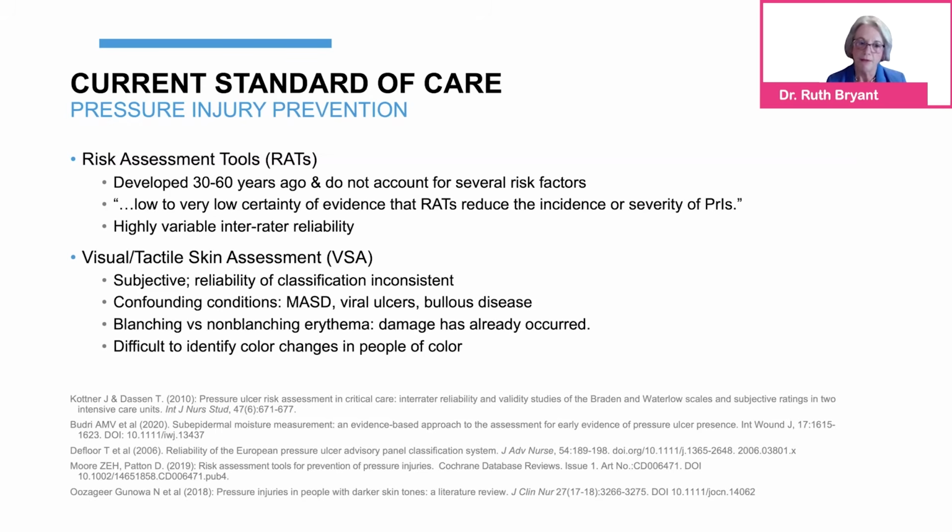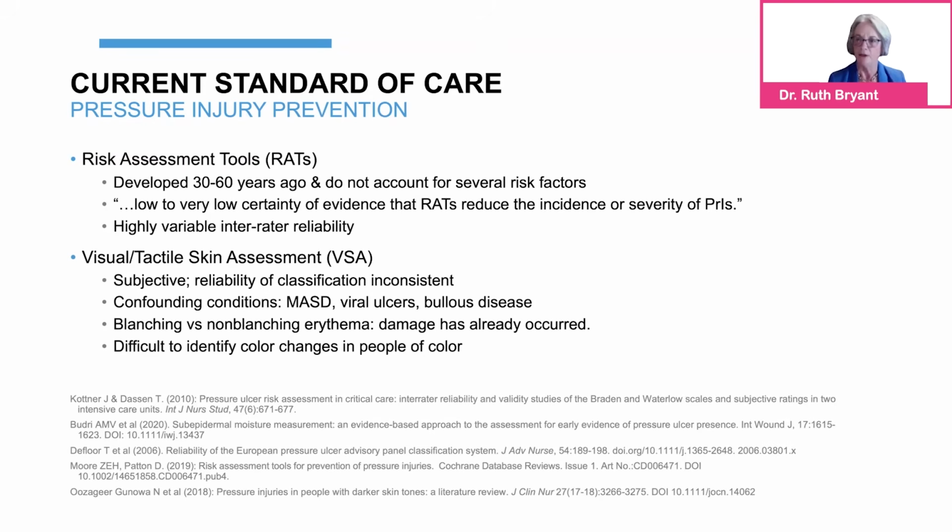And the visual skin assessment, again, it's subjective. The reliability of classification is inconsistent because it's really easy to get it confused with MASD and viral ulcers and bullous disease and ITD, all those confounding conditions. So it takes a trained eye. It's also difficult to identify blanching versus non-blanching. Again, we need a trained eye. But in addition to that, once you see the non-blanching erythema, the damage has already occurred.